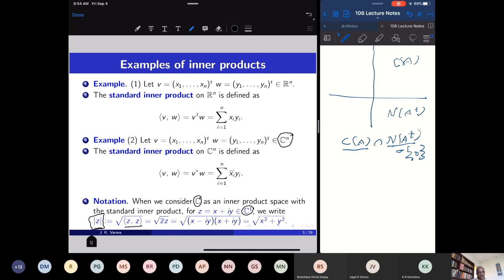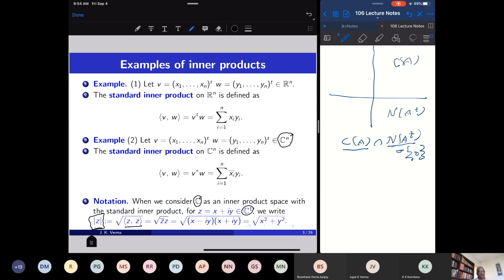Standard inner product of Cn between two vectors v and w is v star w, and it is copied from the dot product in Rn. So Rn becomes an inner product space, and Cn also becomes an inner product space. You can go back and check those 4 axioms which I wrote.